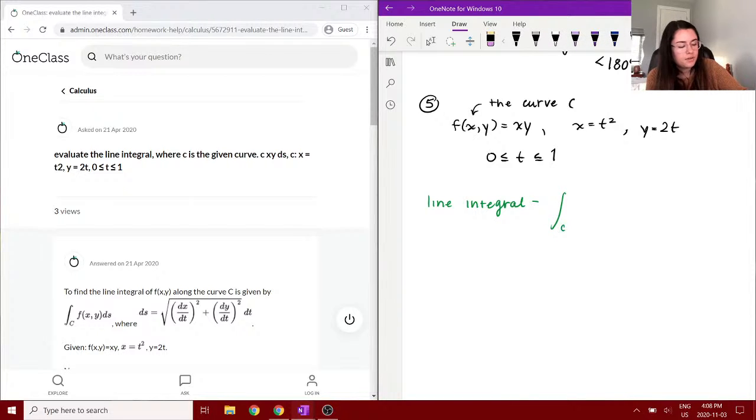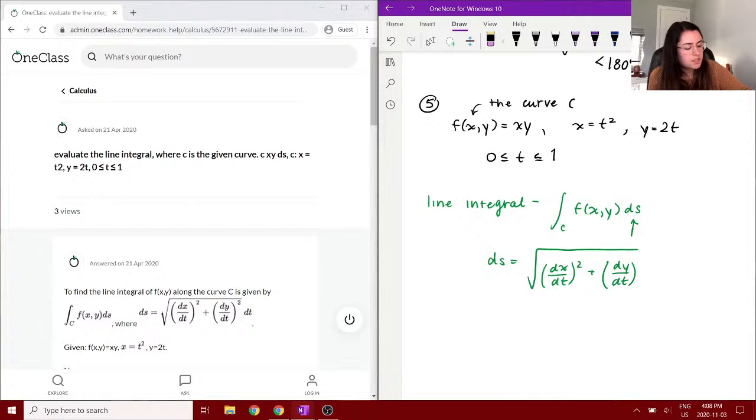We have integration for the curve C, that's what that little C means, for the function f by ds, where ds is equal to the square root of dx by dt squared plus dy by dt squared dt. So dt is outside of this square root.